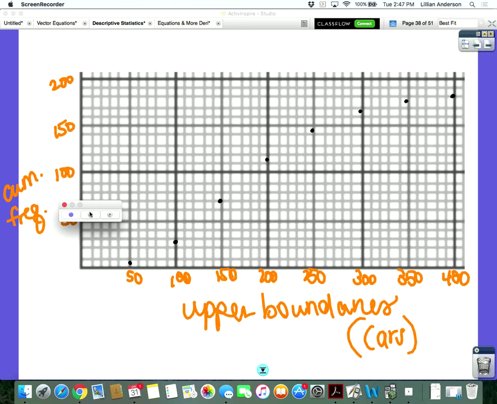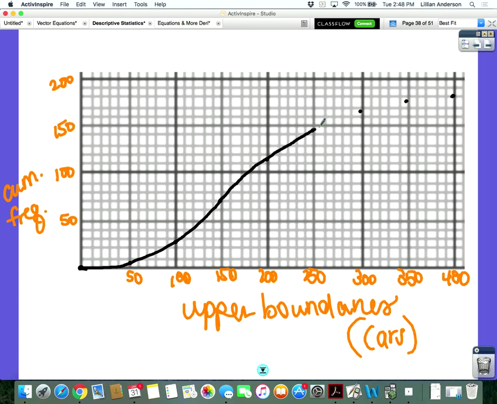All right, so our first data point was at 49.5 and 6, okay? But there's a potential that it could have had 0 cars, right? So actually it's going to start there at 0, 0. Then you draw a smooth curve to connect all these points, and you want to make sure that it's a smooth curve, because like I said, you use this curve to determine different pieces of information.